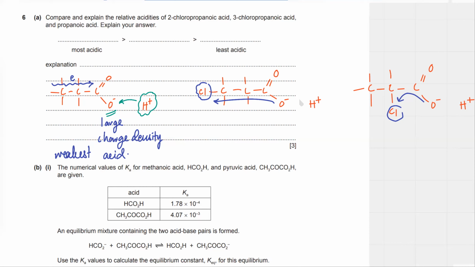I say in both cases, the negative charge is less, but which one out of the two do you think is going to be the stronger acid? किसका negative charge ज़्यादा कम होगा? The last one or the middle one? Any idea, Lubena? Ruba? The last one would be the stronger acid.